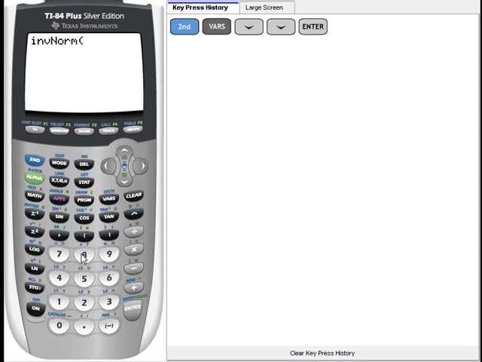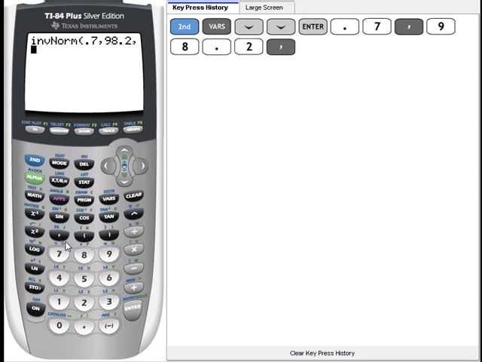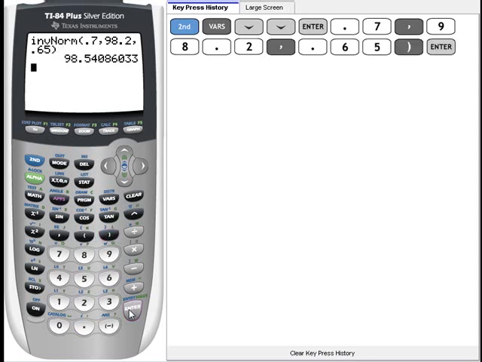We need the area to the left, so we need 1 minus 0.3, which would be 0.7, and then you're going to enter your mean, which is 98.2, and then enter the standard deviation of 0.65. Close the parentheses, enter, and we end up with about 98.5 if we round it like our mean was rounded to the nearest tenth.